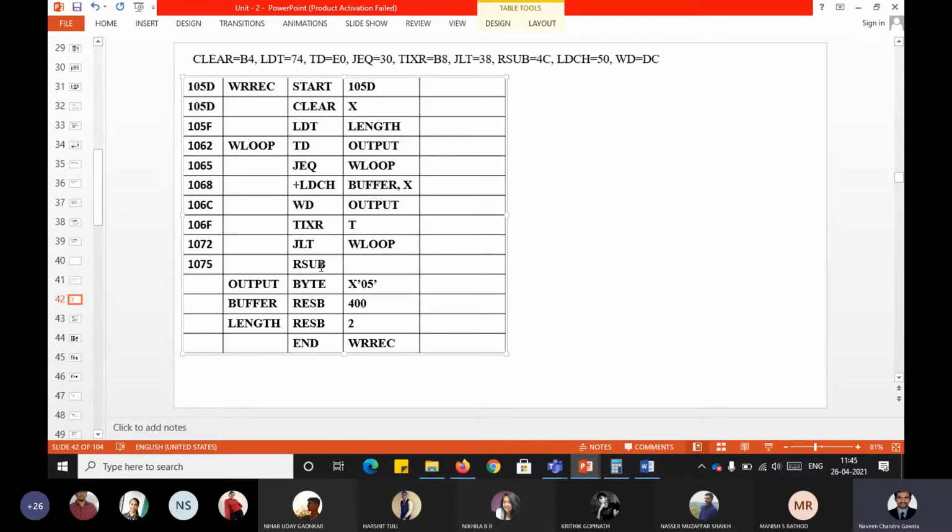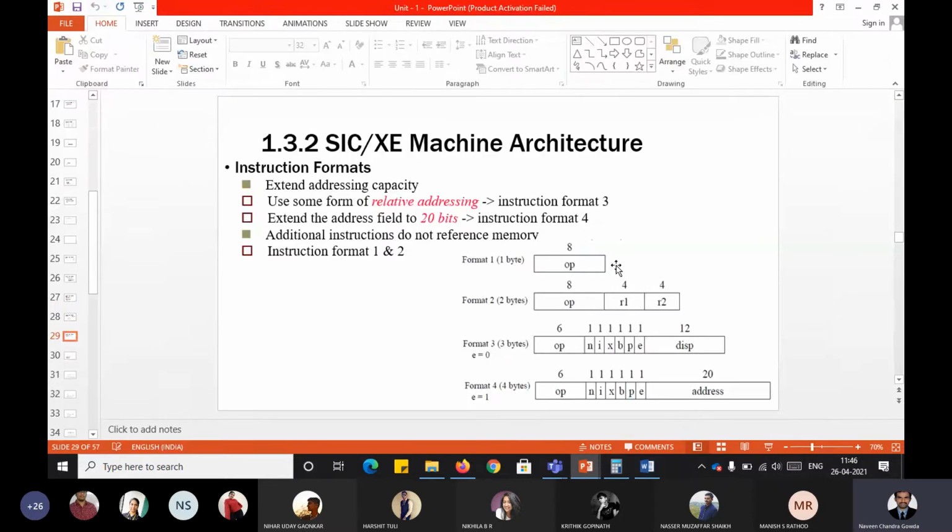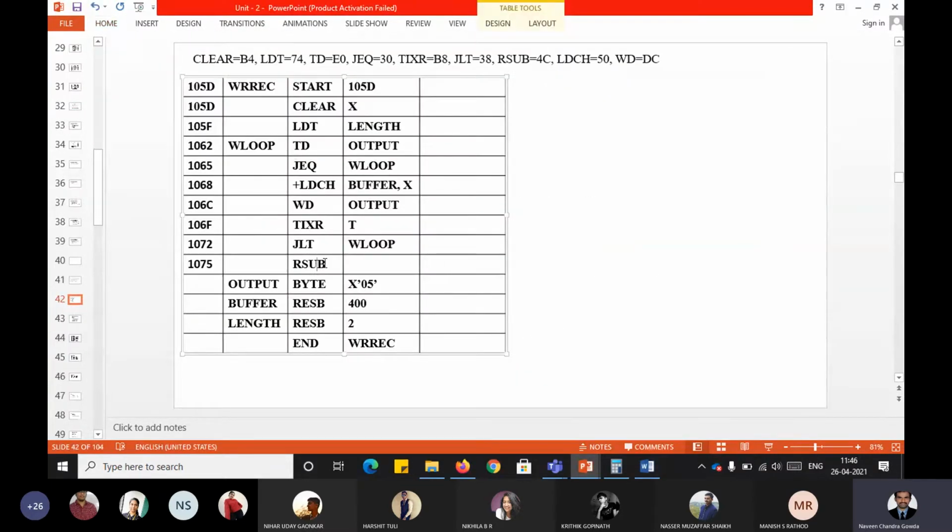So you need to return back from this subroutine to the main routine. That can be accomplished only when this makes use of the linkage register. In such a consequence, my dear students, this cannot be a format 1. This needs to be a format 3 instruction. I repeat, by looking at your format, it has only opcode, no operand. By looking, you can say this is a format 1 and you need to allocate only 1 byte.